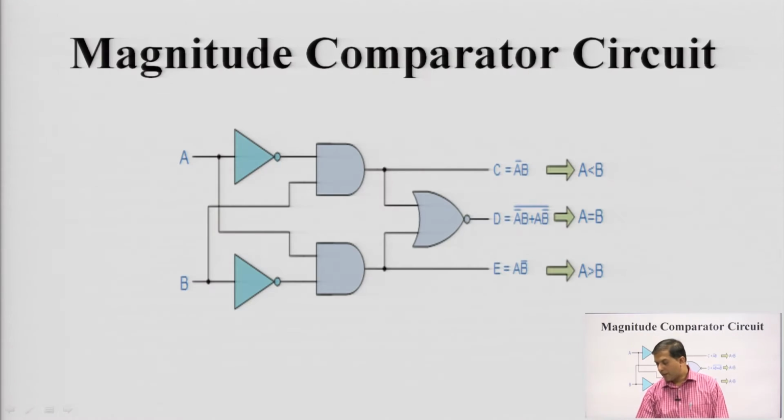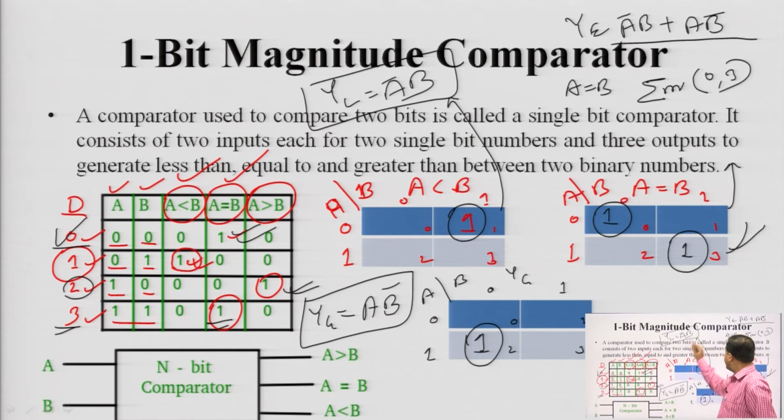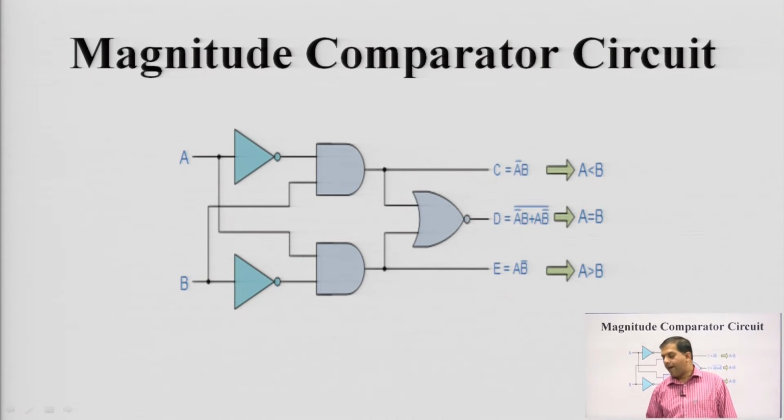So, now this is the design of the 1 bit magnitude comparator. We have already derived the 3 expressions, one for less than, one for equal and one for greater than. So, now we are going to design it, and this is the final design. You can check it out.